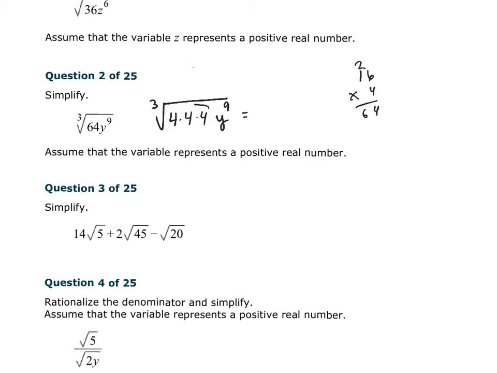So now if I have things repeating 3 times, I can pull it out and make it 1. And then I can rewrite my y as a fractional exponent. The exponent on the inside goes on top, and the one on the outside goes on the bottom. So I get 4y cubed, and that's my answer.